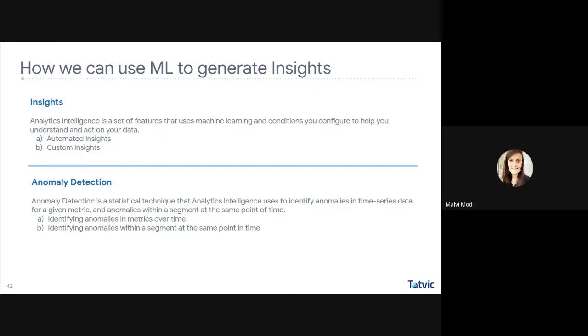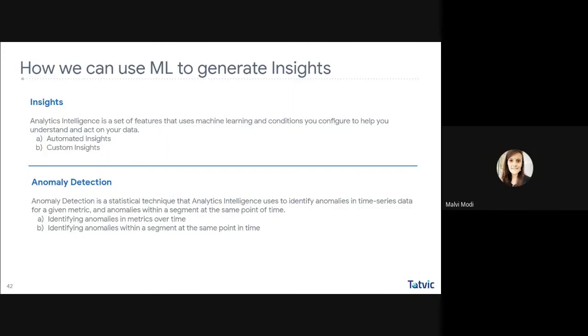What are the automated insights? Under automated insights, Google Analytics detects unusual changes or emerging trends in your data and notifies you automatically on the insights dashboard, which we have on the Google Analytics interface within the analytics platform.